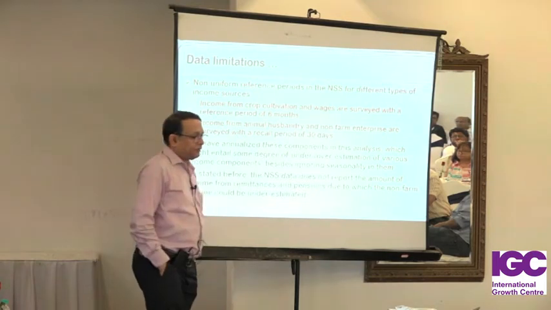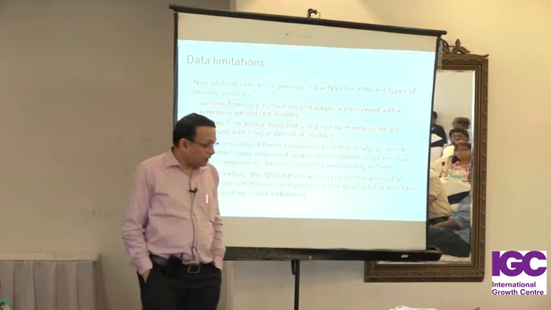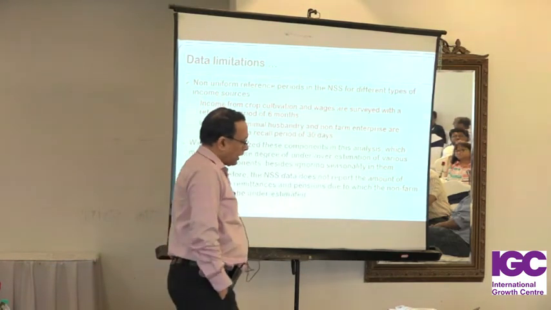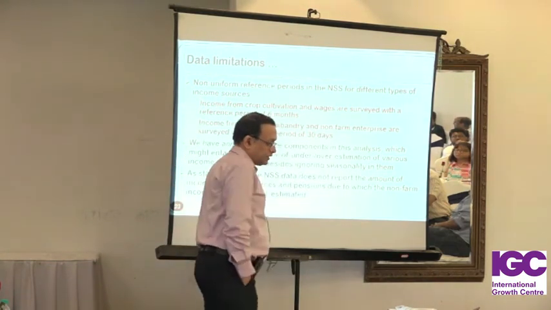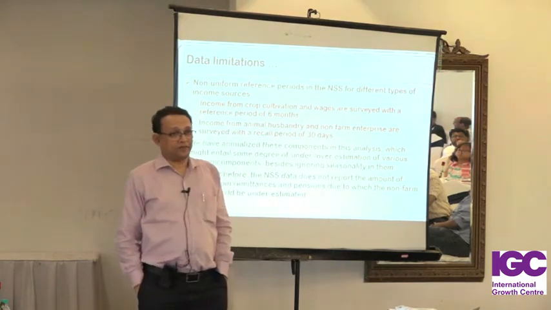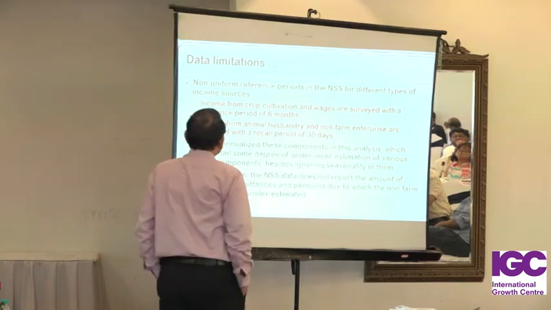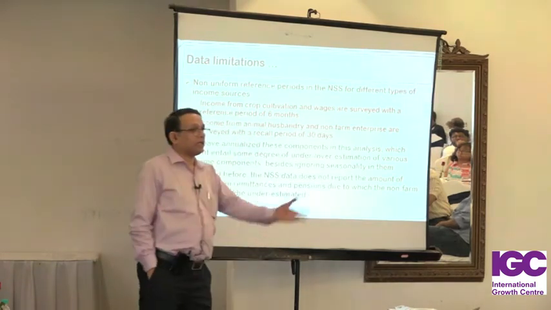Another one is non-uniform reference period. For farm, for crop cultivation and wages, they use a 6-month reference period, whereas for non-farm, they say recall over the last 30 days.